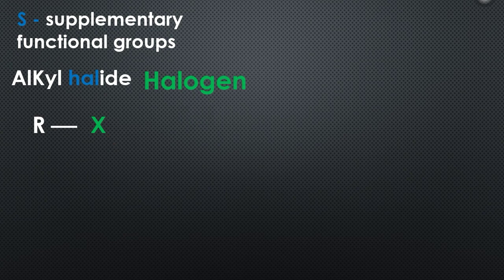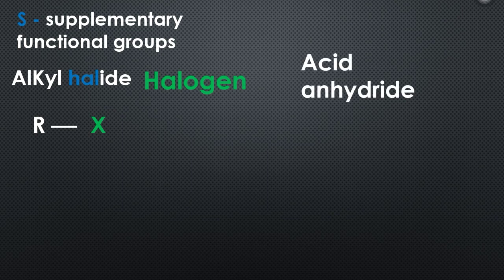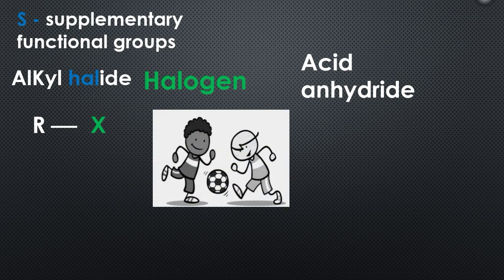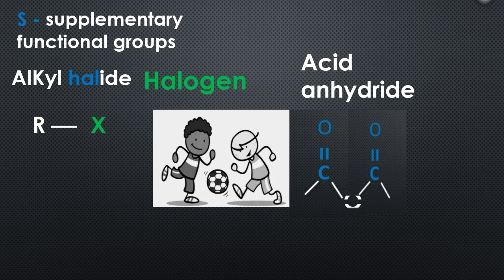The next one we're talking about is an acid anhydride. And this one looks funny anyway, but it works perfectly, as I always say. For the acid anhydride, I picture it as 2 soccer players with a ball in their middle. So, you know, this is one soccer player, this is another soccer player with a ball. Sounds funny. So the soccer players I'm talking about are actually carbonyl groups.